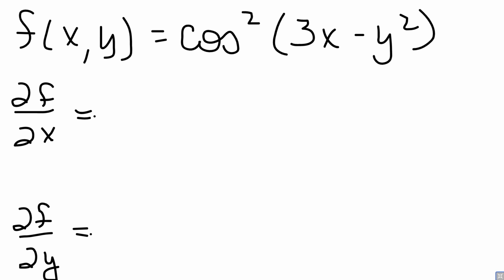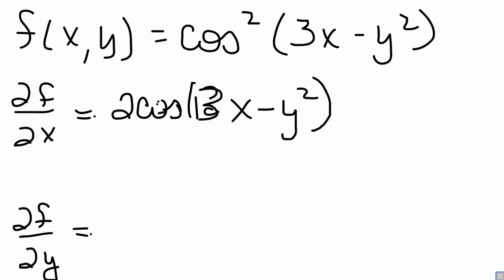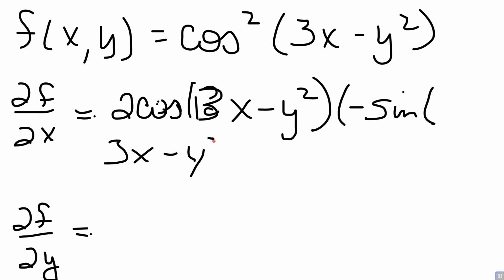So let's see how you did. If you take the partial of f with respect to x, you should have 2 times the cosine of 3x minus y squared, times the derivative of cosine, which is negative sine of the angle, 3x minus y squared, times the derivative of the angle with respect to x, which is just 3.